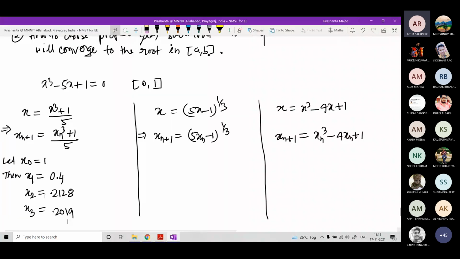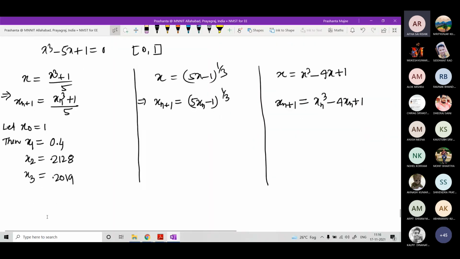Look at the screen now. Is it converging towards the root 0.2016? If you wish, you can write down a few more results. Yes, sir. Okay. Let us look at the second representation, and tell me, if we choose the same point x naught equals 1, what is x1? 1.5874.